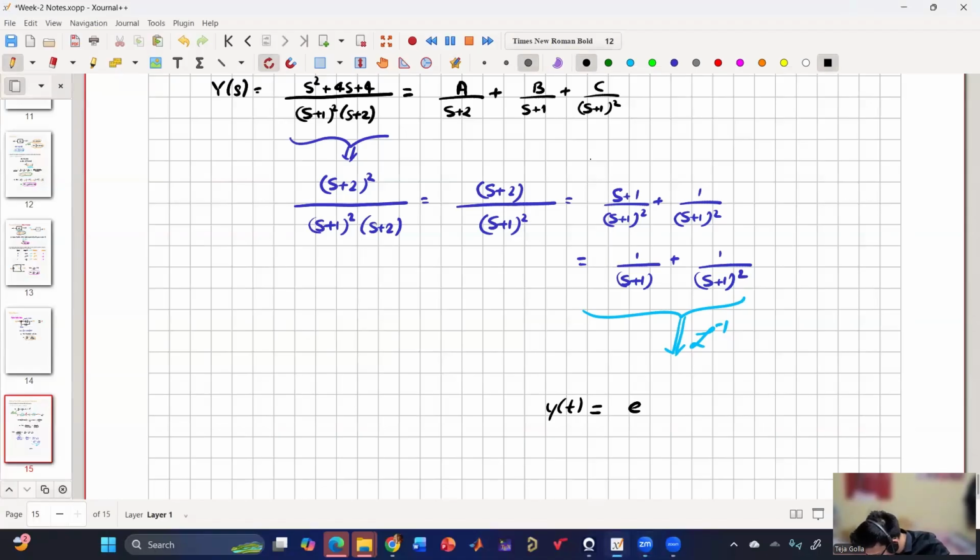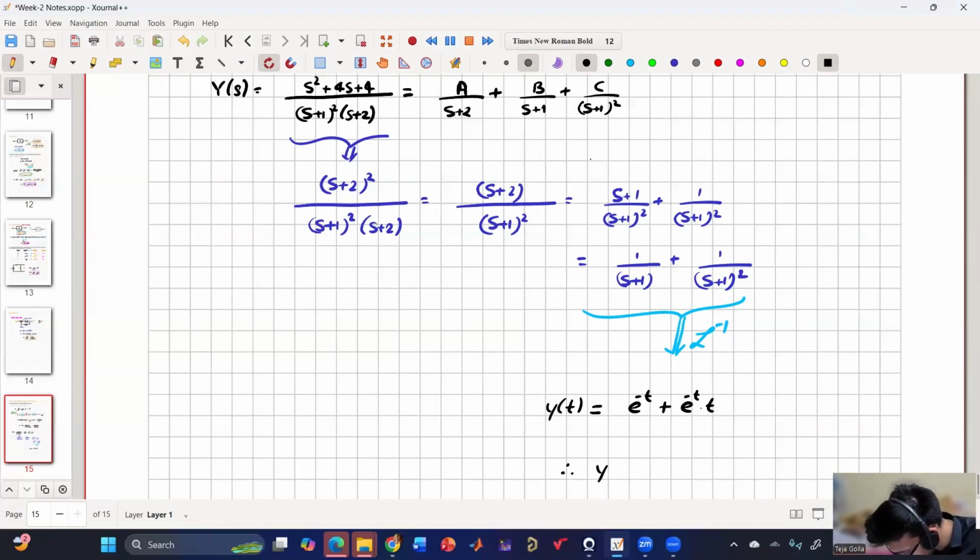So e to the power minus t plus 1 by (s plus 1) square. I can first convert it into 1 by s square, right? Laplace inverse of 1 by s square is what? t. And I have to apply the shift in the frequency domain, which means there will be an exponential term. So it will be e to the power minus t into t.